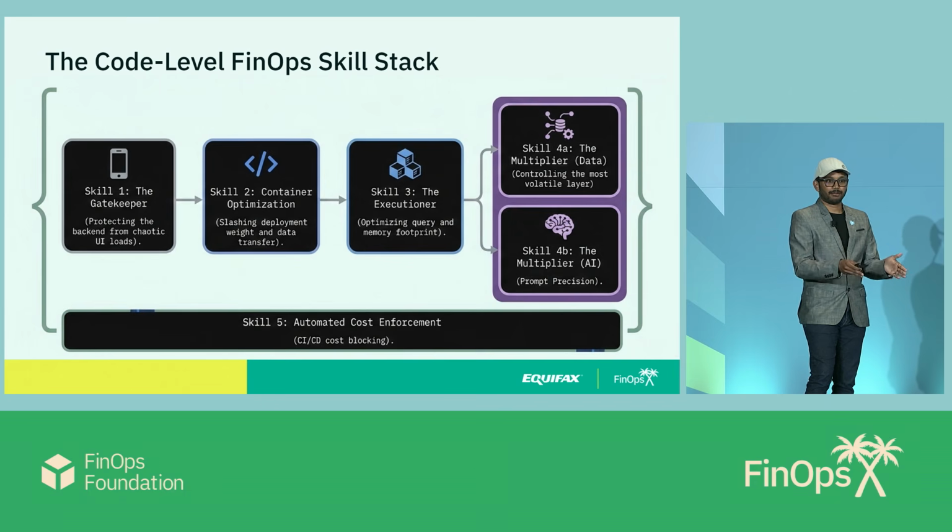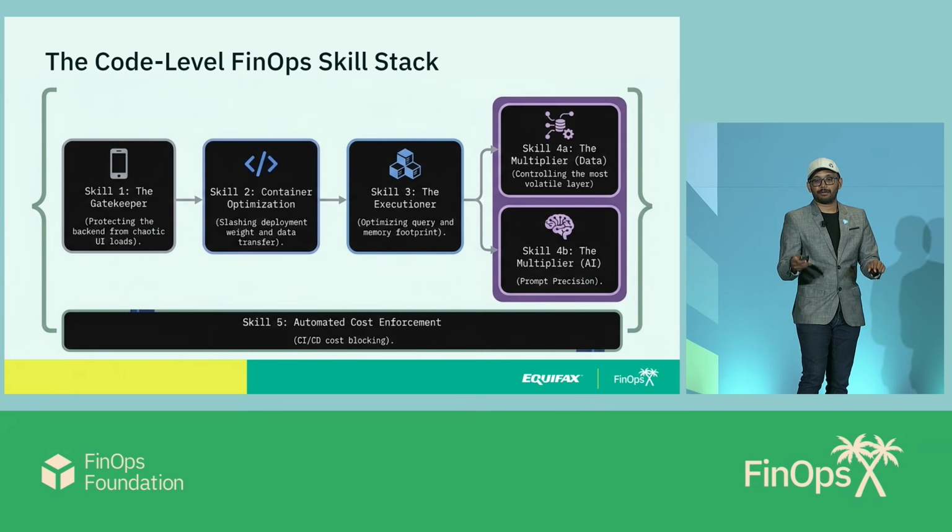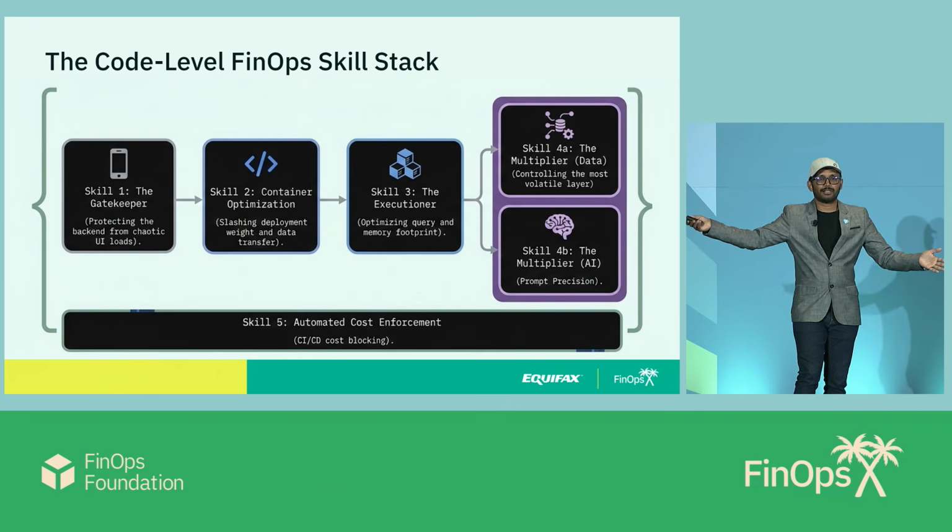Skill 1 acts as a gatekeeper for the front end. Skill 2 is container optimization, where we have all the container optimization techniques, and the AI code that is generated would consider these skills to generate a FinOps component at the end of the day. We don't need to worry about the CI anymore.